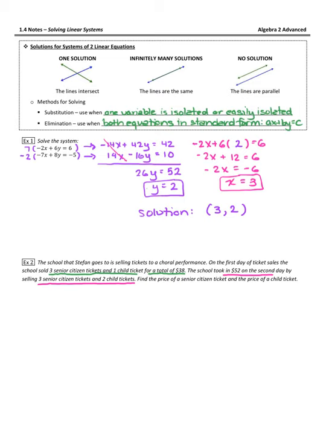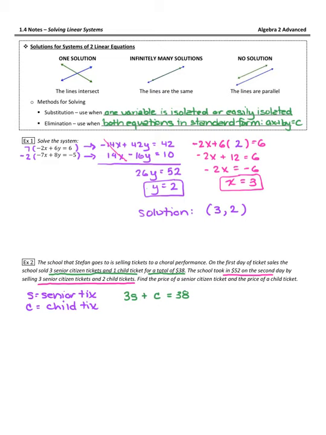So we want to assign our variables. So I'm going to let S equal the senior tickets, and C is going to equal the children or child tickets. And so let's set up our equations. So on the first day, they sold 3 senior citizen and 1 child ticket, and they made $38.